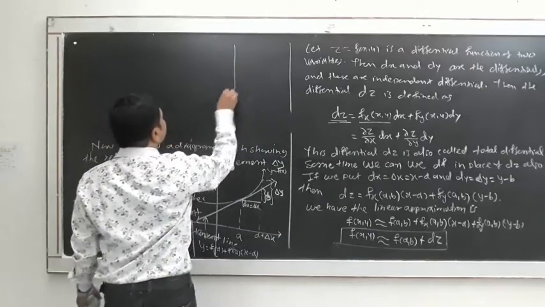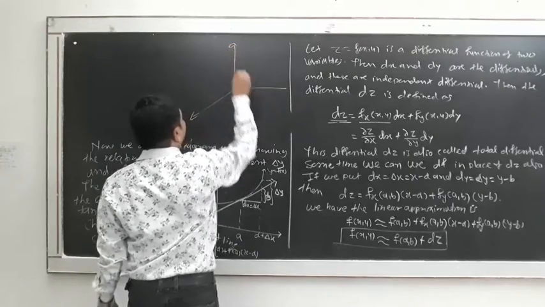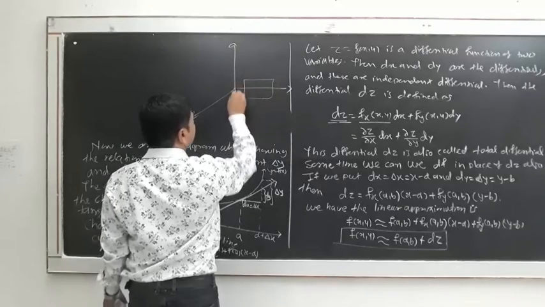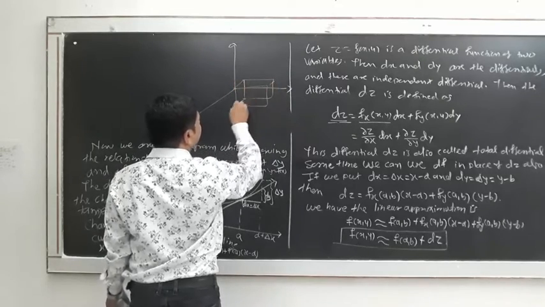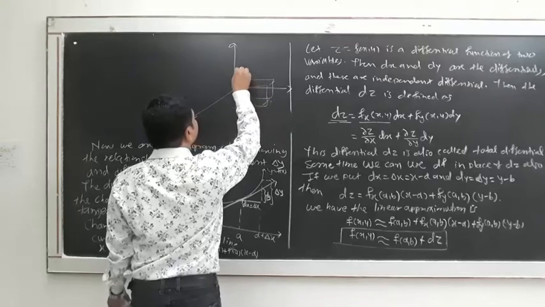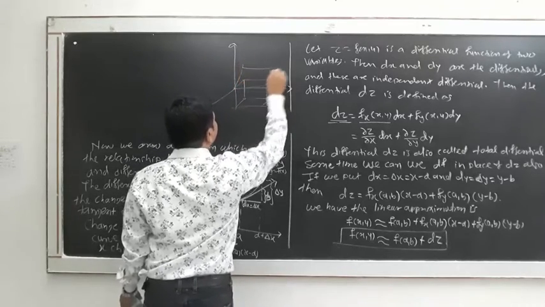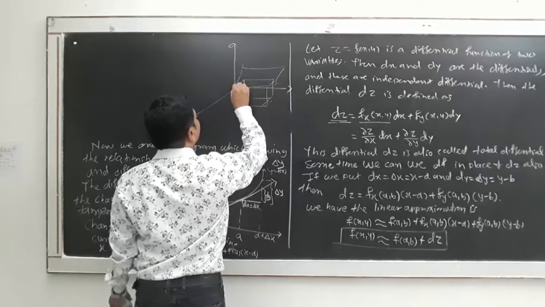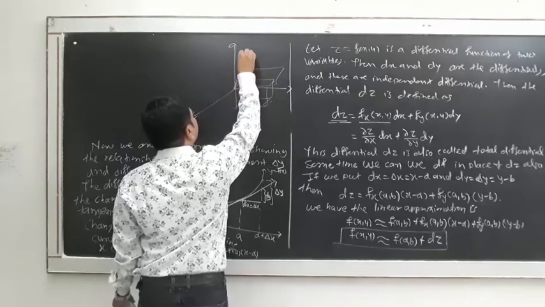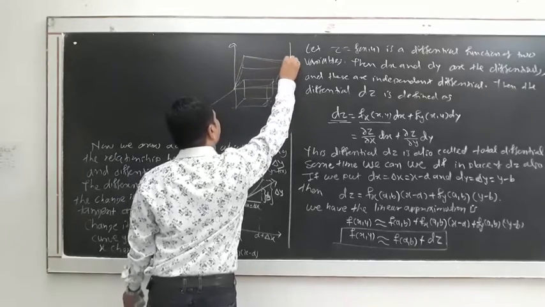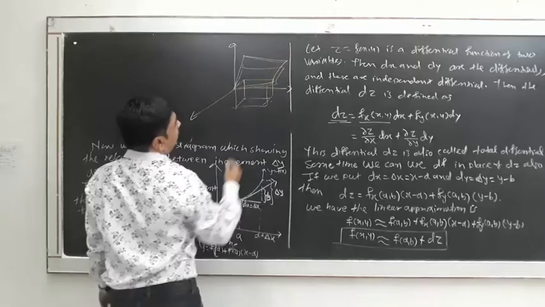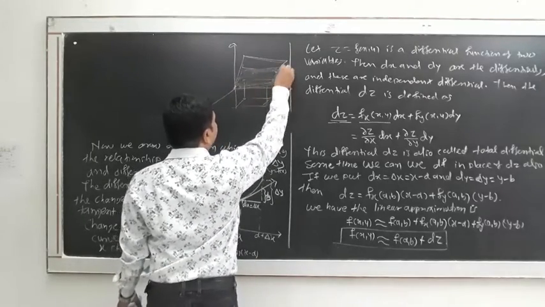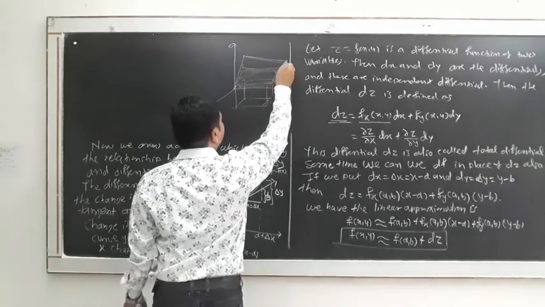Okay, I draw a rough diagram like this. Here is a tangent plane, and here is our surface.